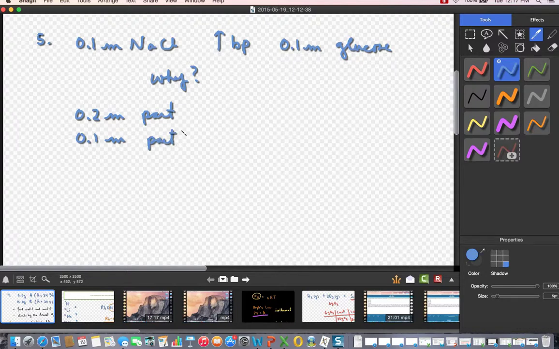Simply put, the 0.1 molal solution of NaCl has a greater concentration of particles than does the 0.1 molal solution of glucose. The more particles you have, the more you strengthen the IMF. And the more IMF you have, the more energy you need to create a vapor pressure that can equal the external pressure, and so the boiling point increases.